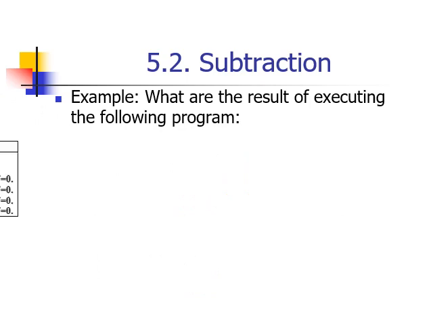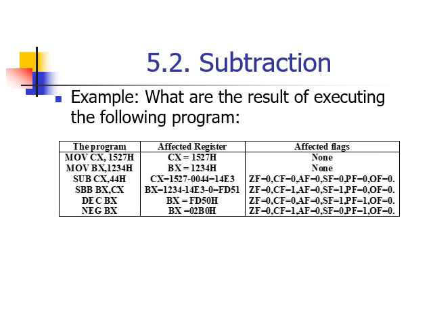Let's see an example. Okay, move this number to CX and this number to BX. Then SUB CX, 44. The negative sign goes with the source. This is the source. If you do this subtraction, you will get this result, and none of your flag bits is going to be affected.